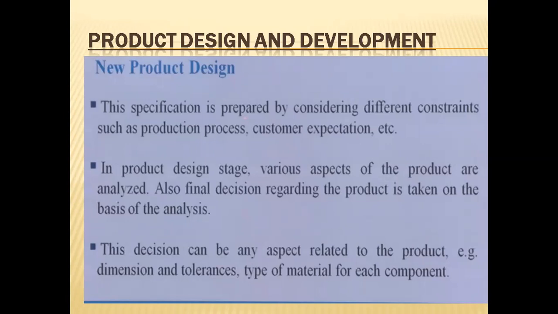See, whenever you design a product, you have to design it considering whether it can be manufactured or not. That is most important. The designer should also be in touch with the manufacturing aspect. Some products are cast, fine. Some products are forged.